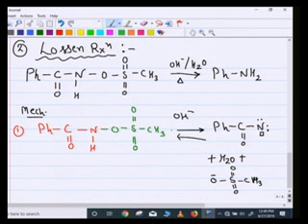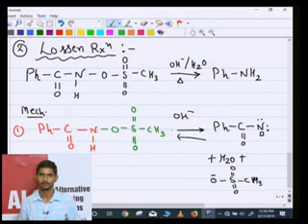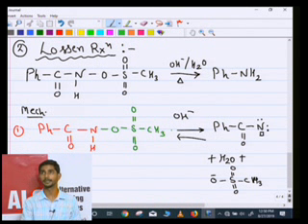Guys, rest of the steps will be same. We have got the nitrogen. There will be rearrangement in the next step, and after that there will be attack of OH again. There will be proton transfer. Means rest of the steps that we have discussed in the previous mechanism would be exactly same. So I'll give you 3 minutes for this one. Write this mechanism. First of all, note it, copy this reaction, and then write the mechanism.